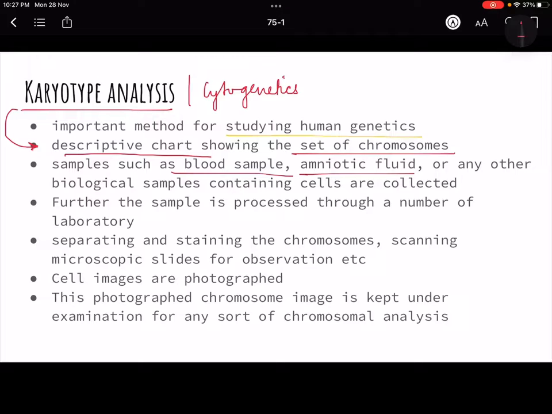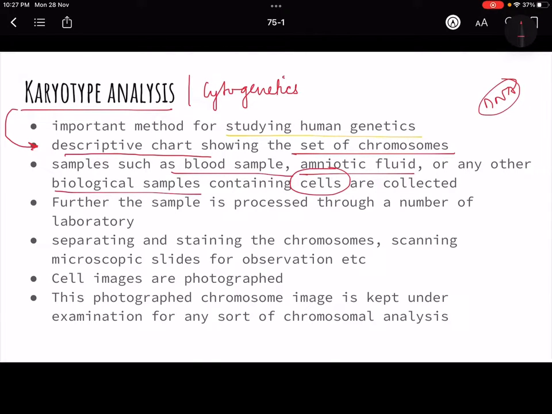It can be even our hair, every little thing has DNA, right? So it can be collected through anything, but generally अगर आपको karyotyping करनी है तो उसके लिए आपको blood sample वगैरह चाहिए. DNA तो वैसे हम अलग चीज़ों से भी निकाल सकते हैं, but for a proper karyotyping analysis we use blood samples, amniotic fluid or any other biological sample which has cells, ठीक है.